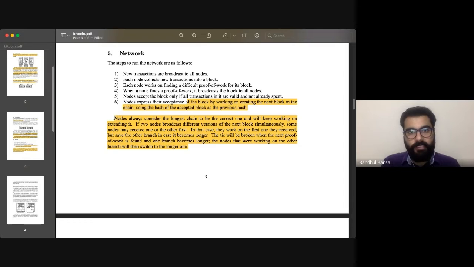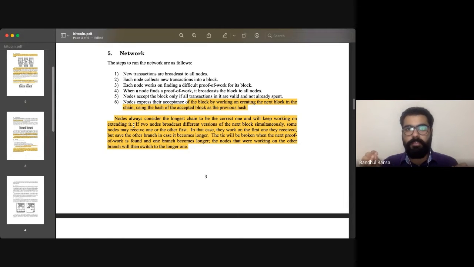Nodes always consider the longest chain to be the correct one, and they'll keep working on extending it, right? Let me briefly tell you about what exactly the longest chain concept is, right? So suppose, consider a situation that two nodes submitted a block to the chain at exactly the same moment, right?